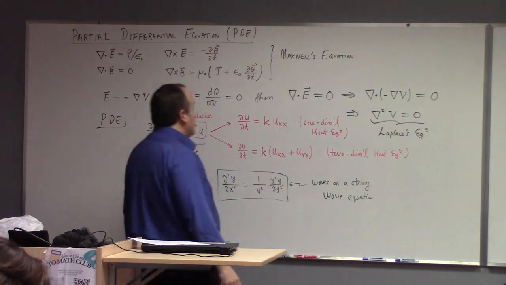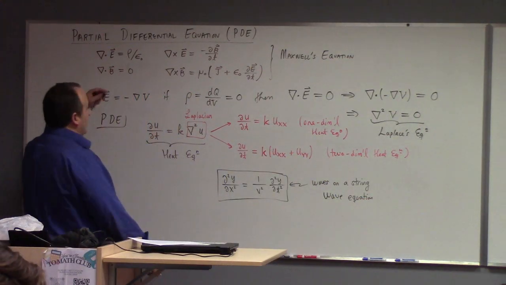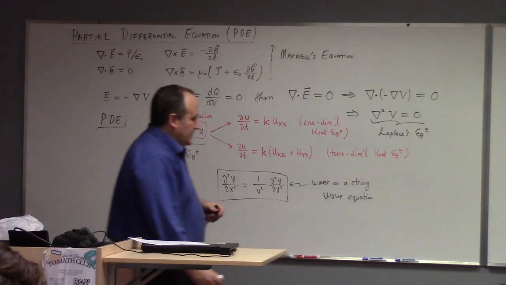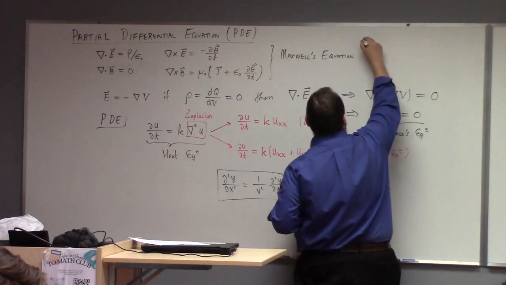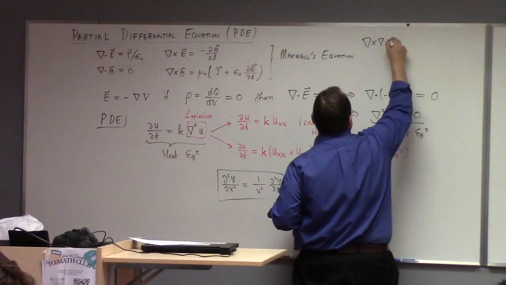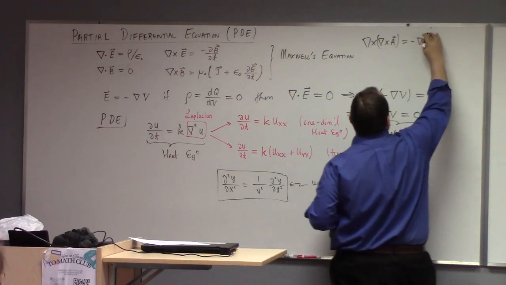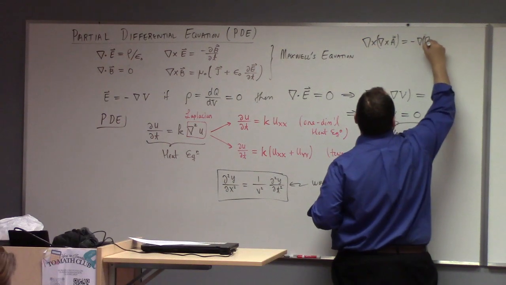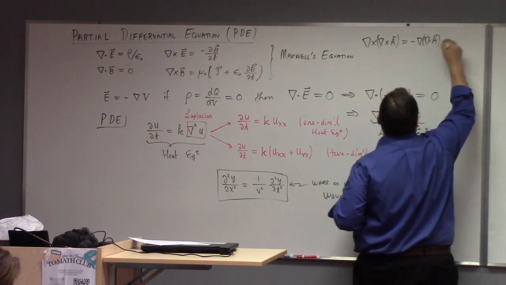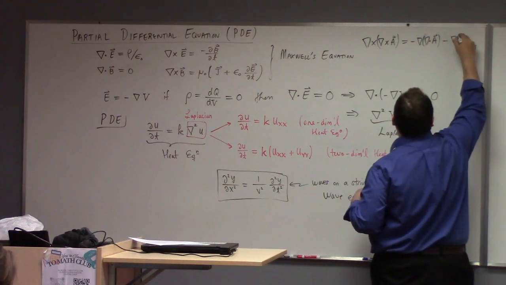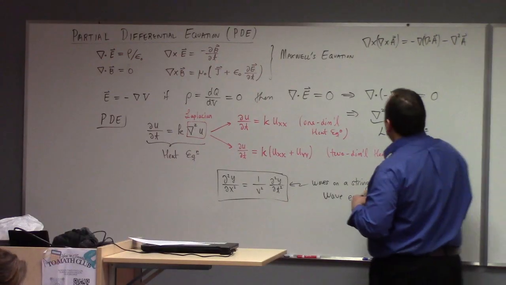Fun fact, if you take Maxwell's equations and study the vector identity that the curl of the curl of a vector A is the gradient of the divergence of A minus the Laplacian of A, if I remember right.